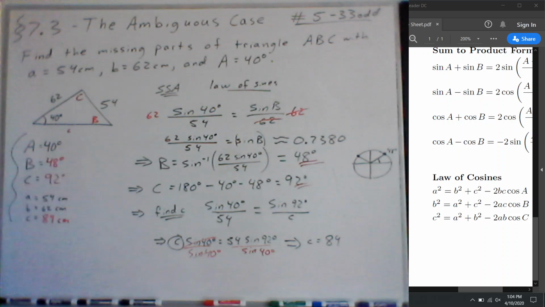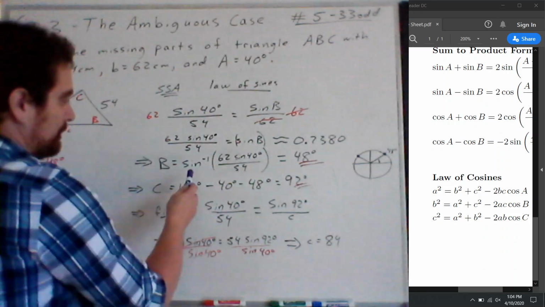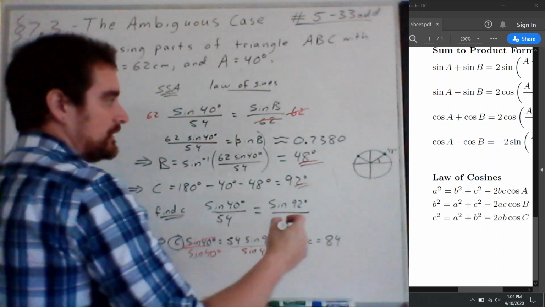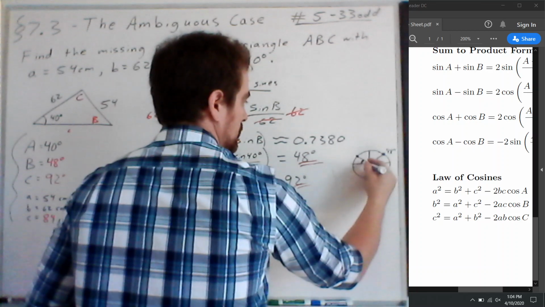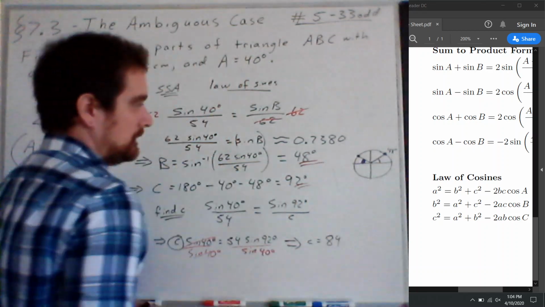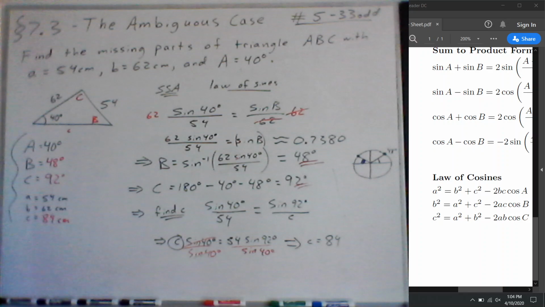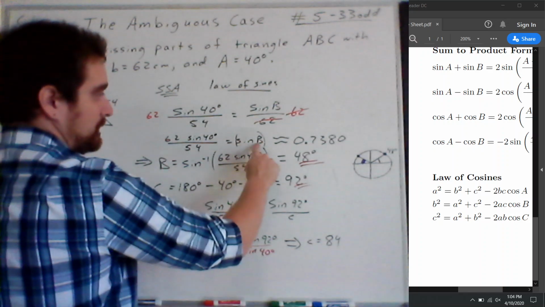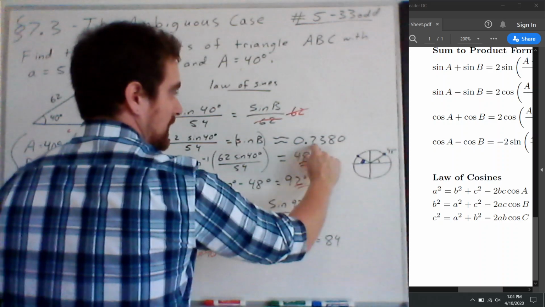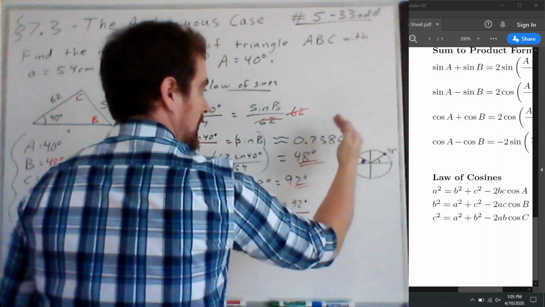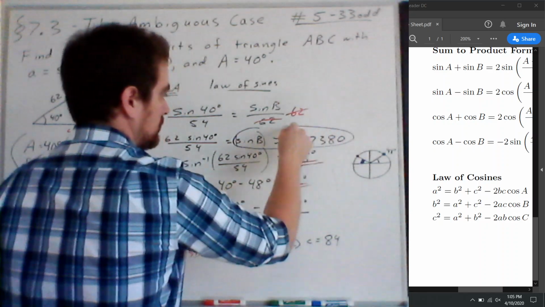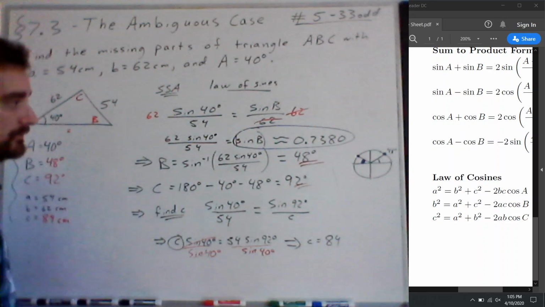So we're good on this situation, but we haven't covered the fact that when we look at the sine inverse and it returns this 48 degrees, we don't know that it's in quadrant 1. It could have been in quadrant 2. Sine of B will take on this positive value in quadrant 1 and in quadrant 2.